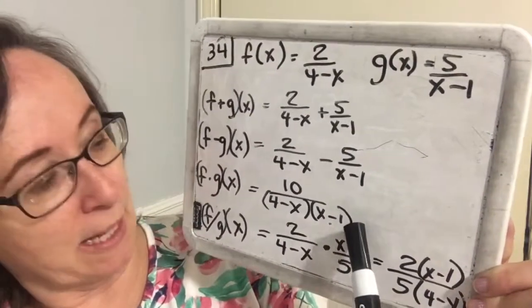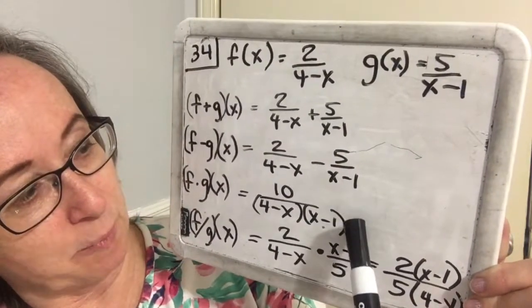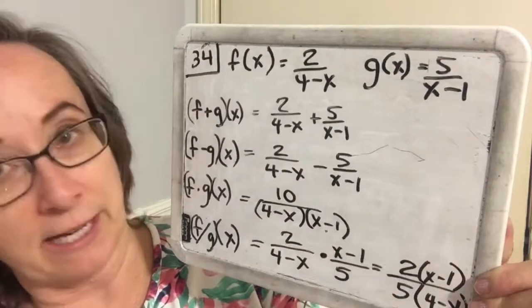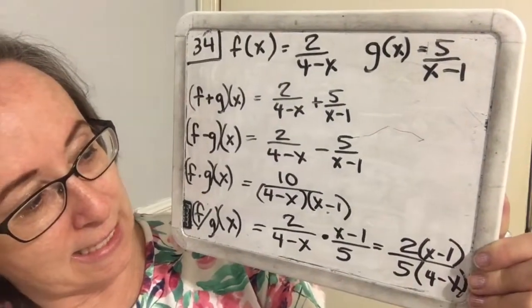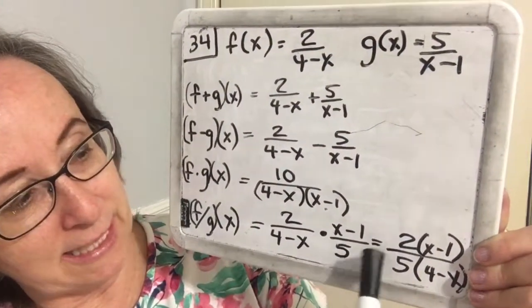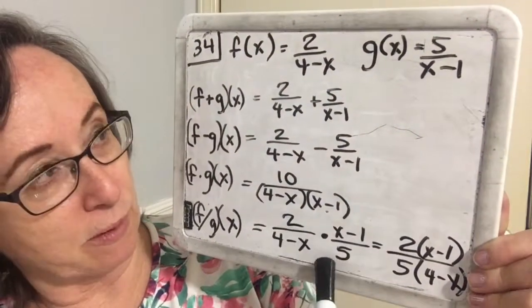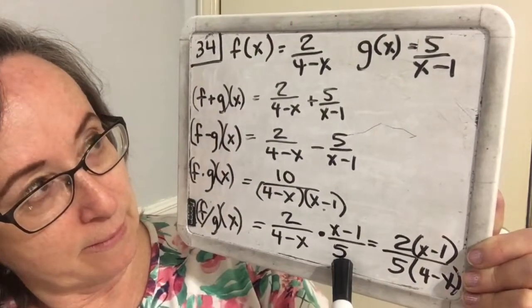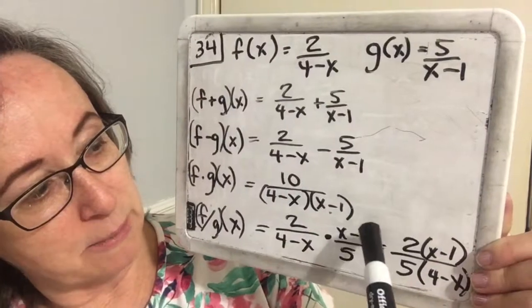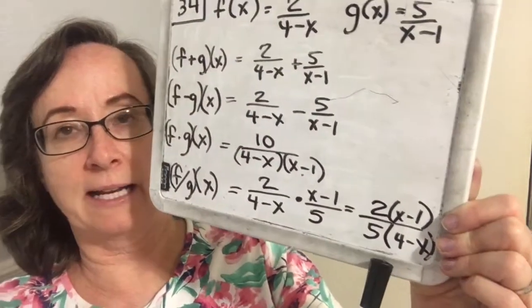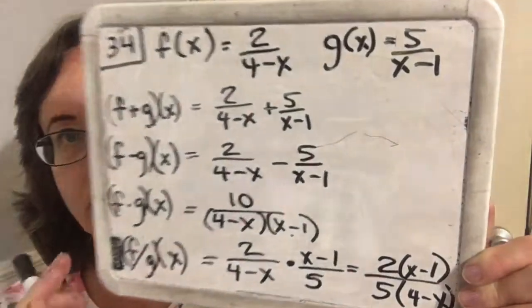They multiplied them together to get the product here. Just multiplied these two functions together as fractions. And when they divided f by g, they did multiply by the reciprocal. Instead of dividing by g, they multiplied by the reciprocal, which would be x minus 1 over 5, and then they combined them. So that was their final answer for the quotient.